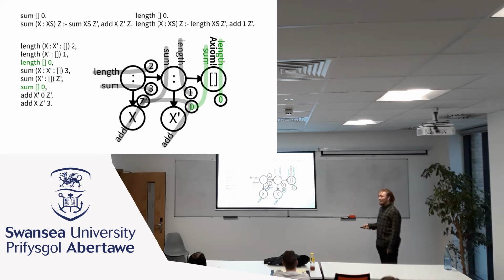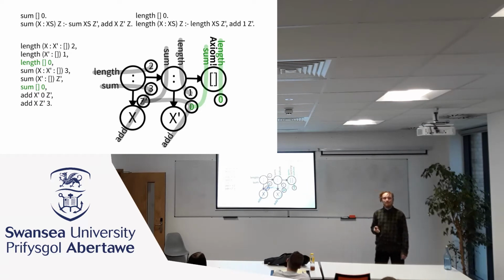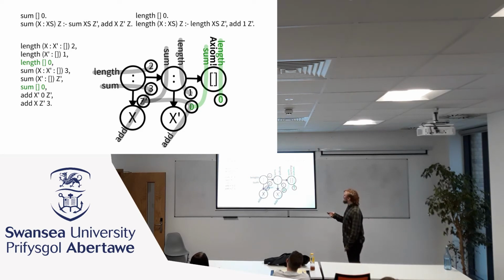Can someone see the next axiom that we can put? This is a bit tricky to find. It's neither in sum nor length. It's in the end. The z prime becomes what?